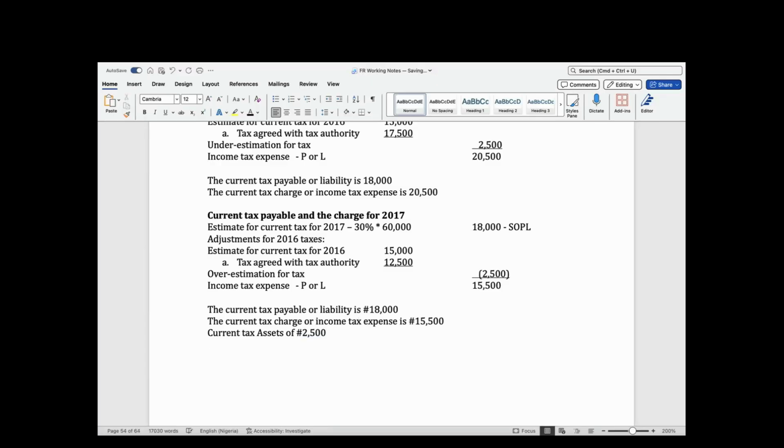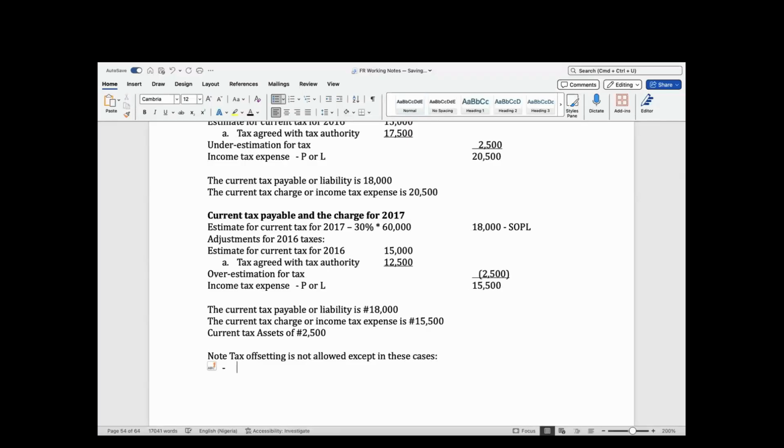In fact, let me mention this, note that tax offsetting is not allowed except in these cases.